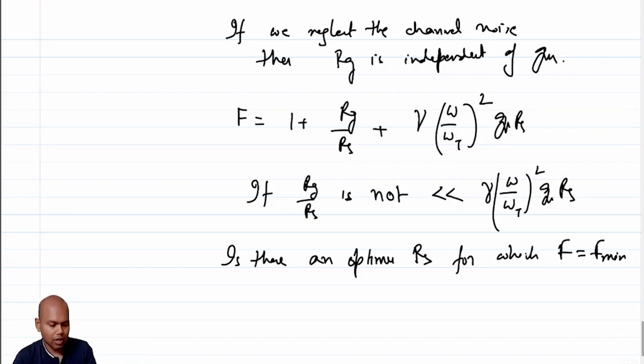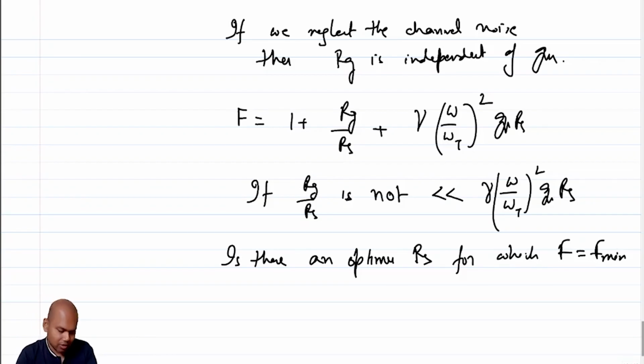So clearly, if Rs tends to 0, we benefit from the last term, but Rg over Rs will tend to increase. But if Rs tends to go to infinity, clearly Rg over Rs goes to 0, but the last term tends to dominate, right?